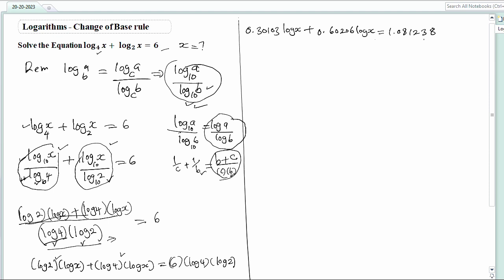All right, now from here we are going to work this out. This is 0.30103 log x plus 0.60206 log x. So log x and log x here are like terms, so we can add them up directly. If you add the two, you shall get 0.90309 log x equals 1.081238.